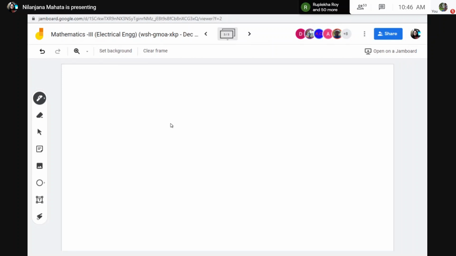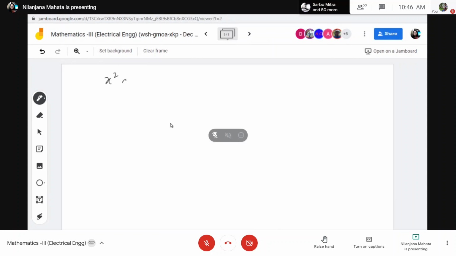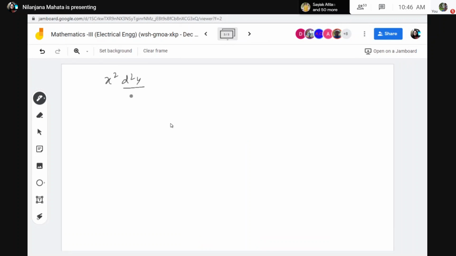So we will now solve one of those equations. I am starting with a simpler problem, and it's the same type of solution, but you have to first transform the equation.